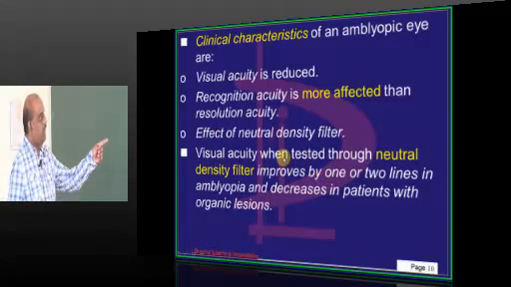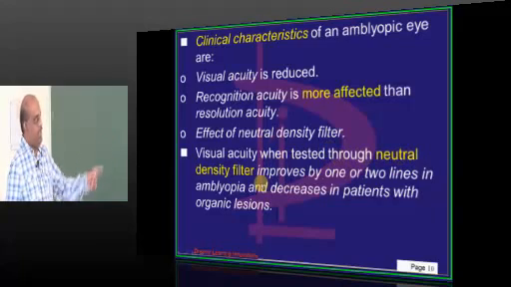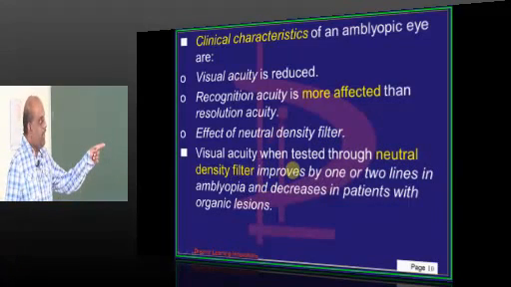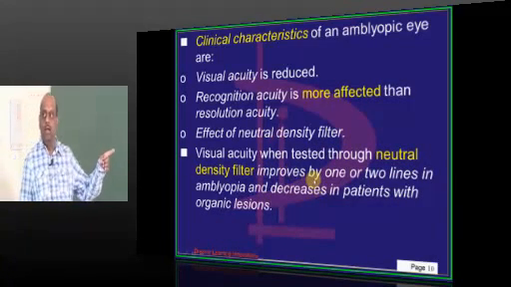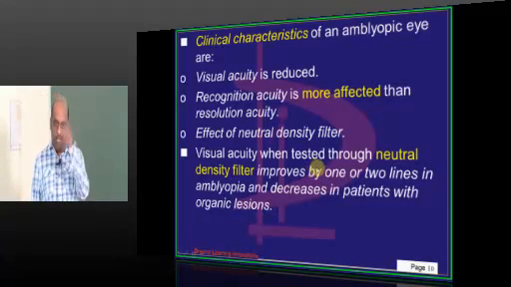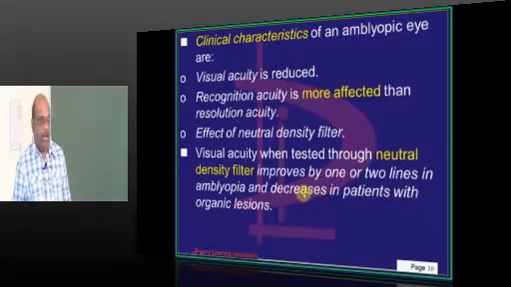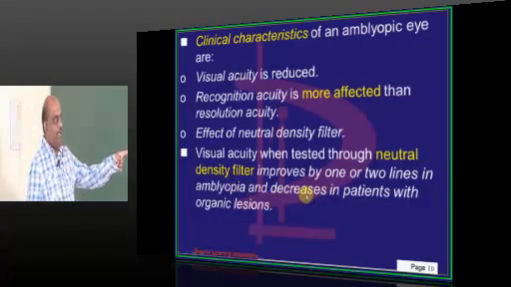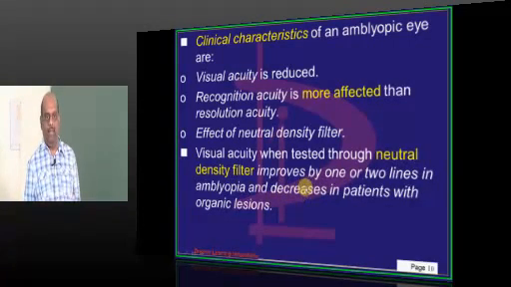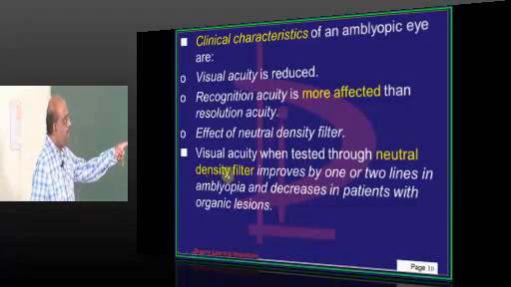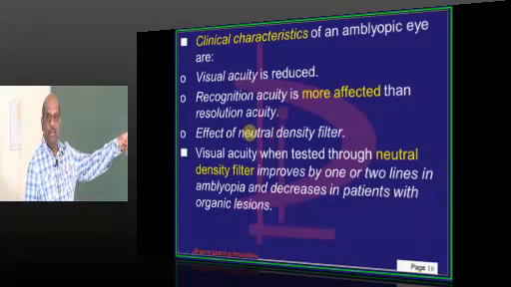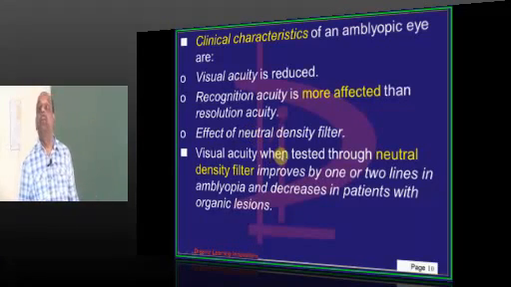Whenever you use this filter, the visual acuity will further decrease if the vision loss is because of an organic lesion. But the visual acuity will be the same or improving if it is due to amblyopia.